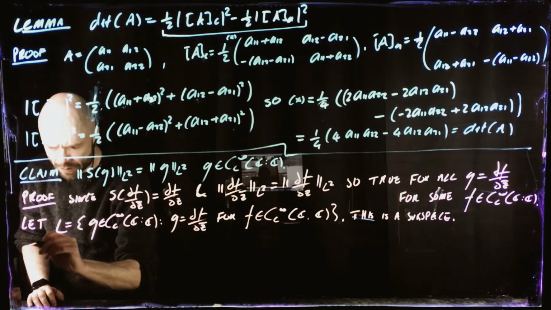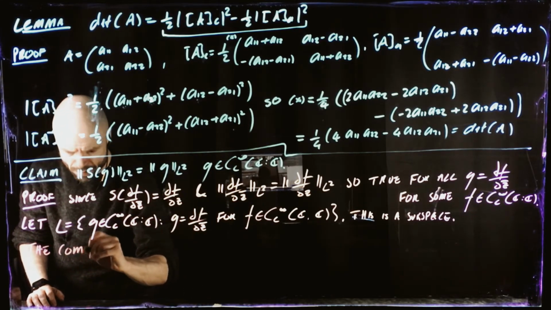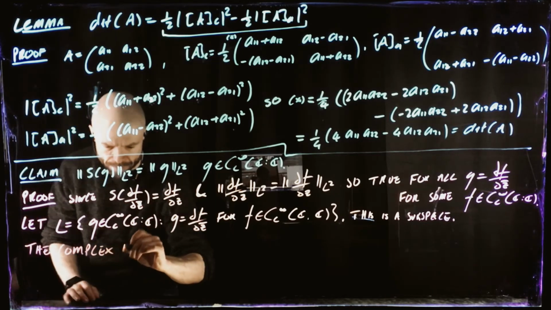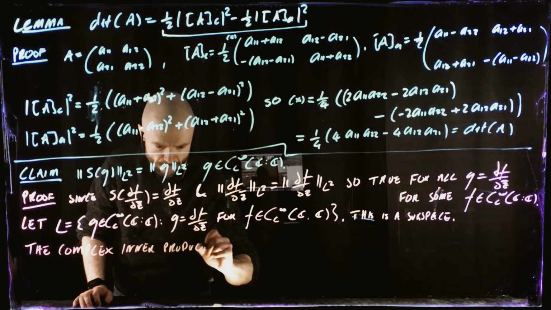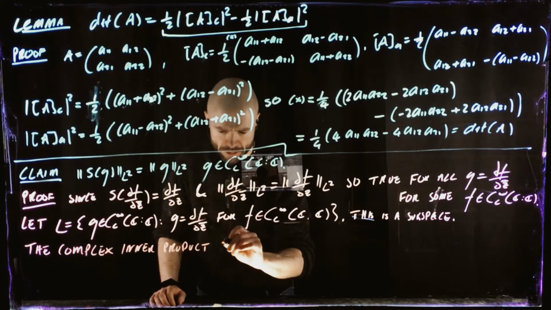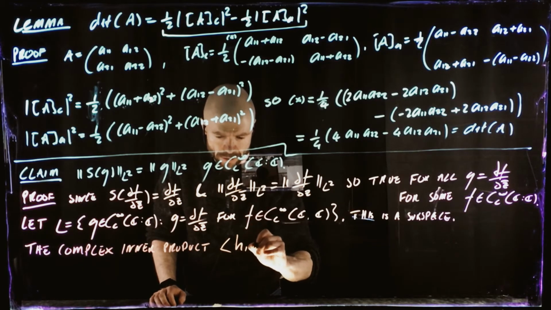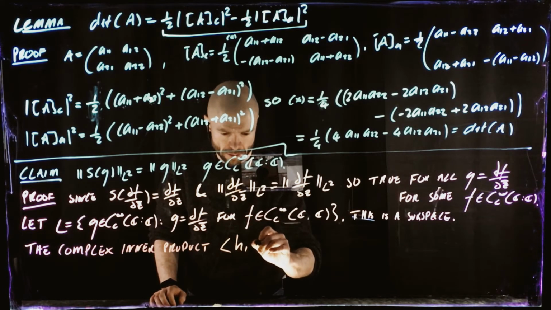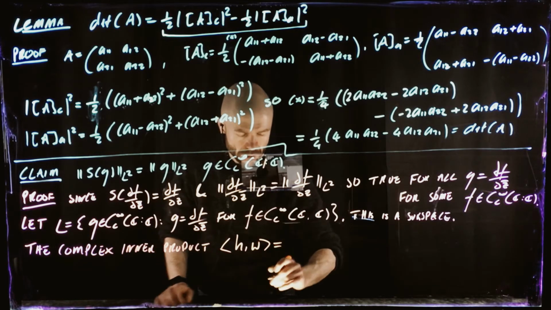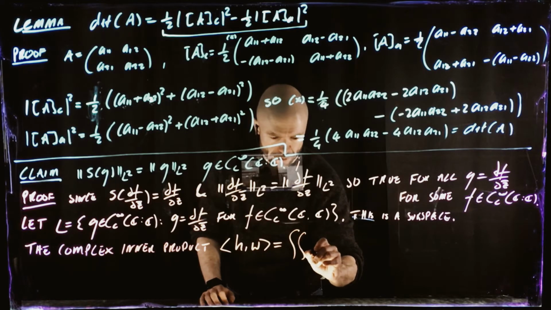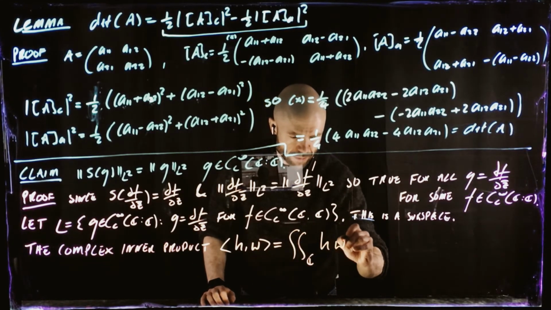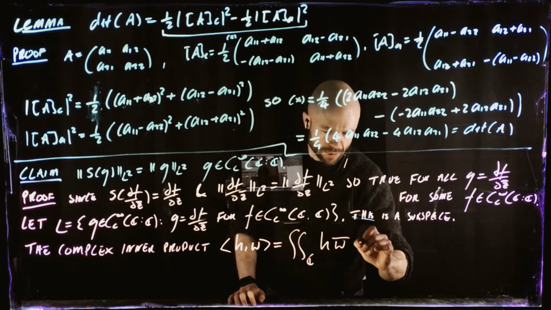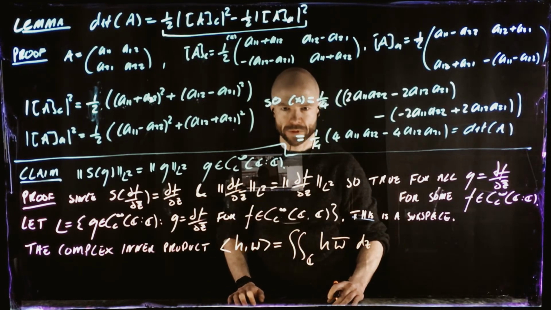So the complex inner product, which we're going to write like this, h comma w, is, so we're going to write the double integral just to emphasize we're in the complex numbers, h times w complex conjugate, dz.